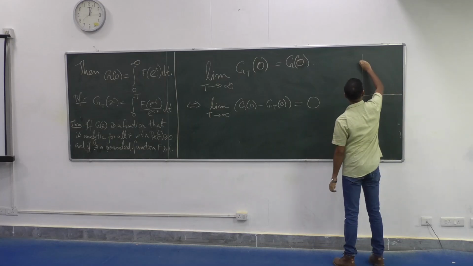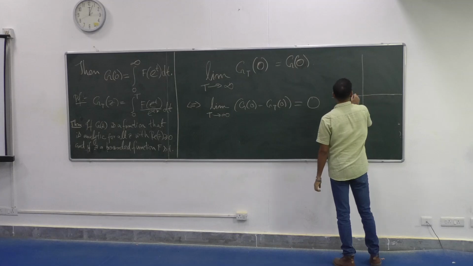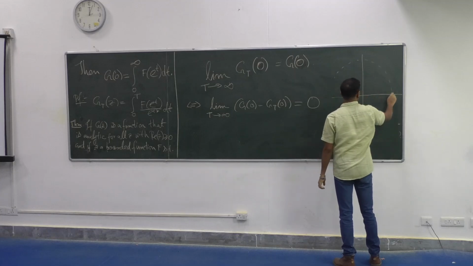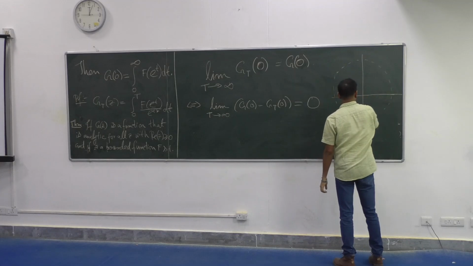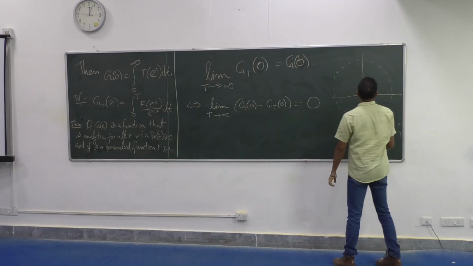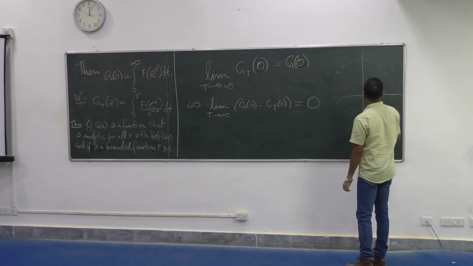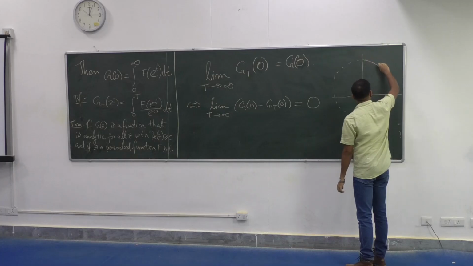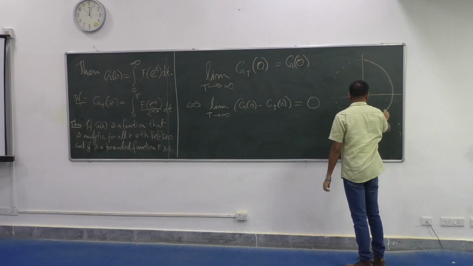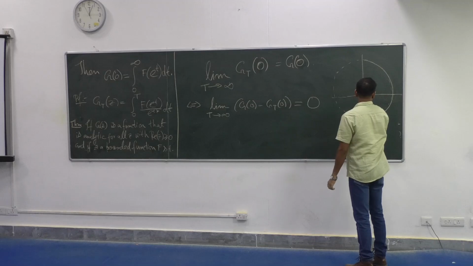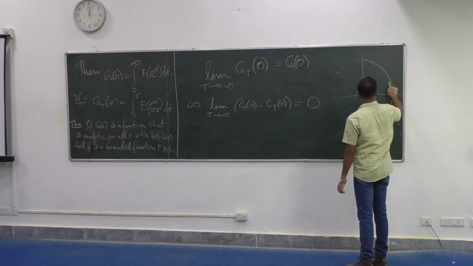Now we want to construct some contour for this. Like this, take the inner circle. Note that the function g is analytic everywhere to the right of the circle.